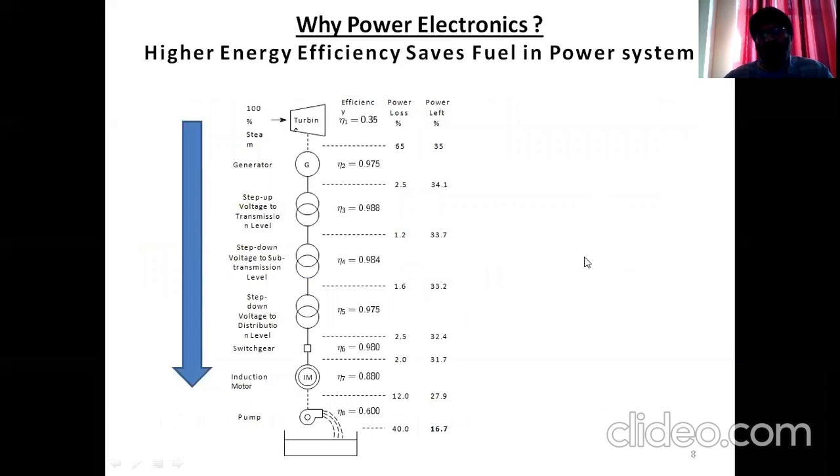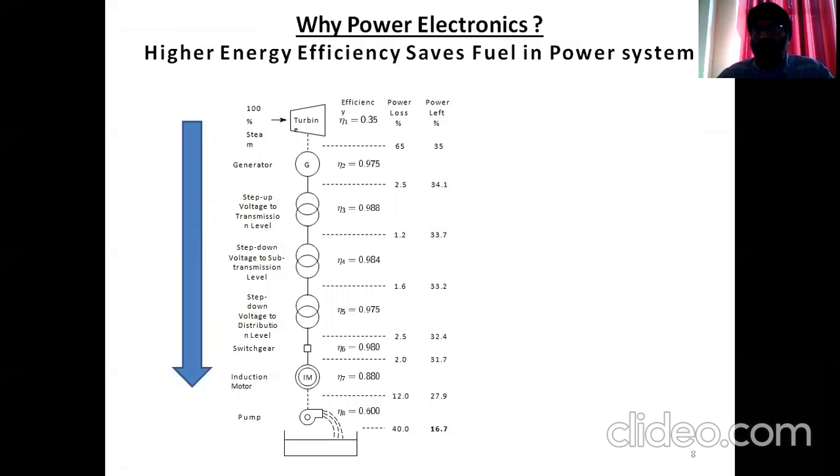This is just one example to prove what we saw in our previous slide. This is the existing infrastructure of so many decades. In thermal plants, coal powder is burned and a lot of steam is generated.